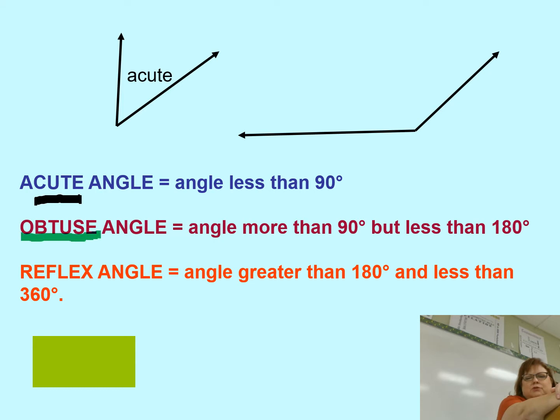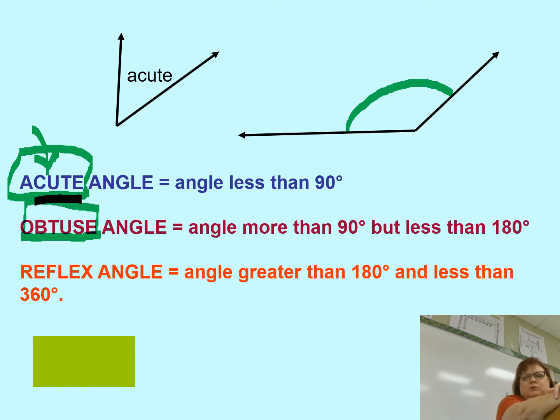Now obtuse and acute have normal English definitions that have nothing to do with geometry. The dog has an acute sense of smell. What does acute mean in that case? Acute means sharp and keen. So this is more like a sharp pointed end. Obtuse has a regular English meaning.